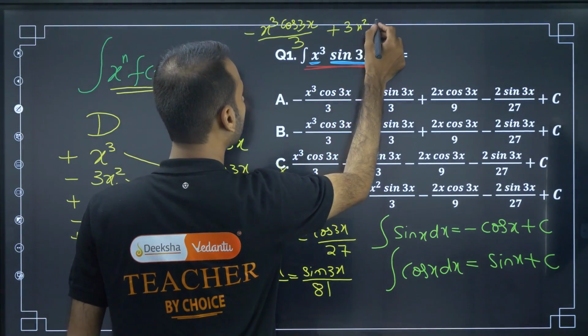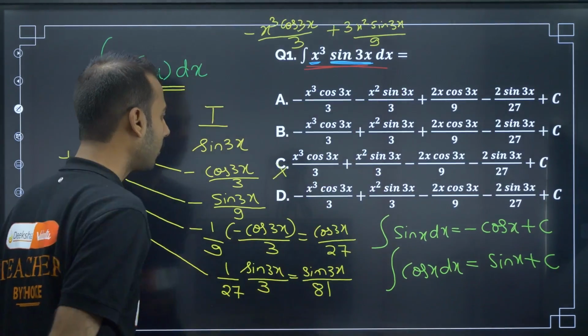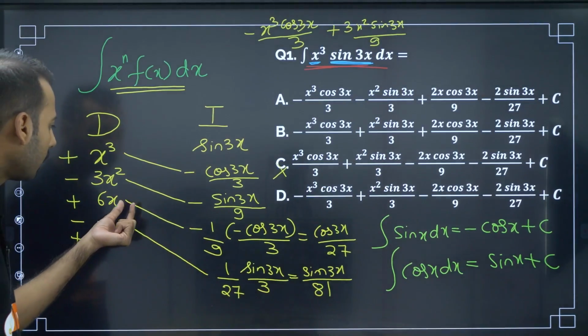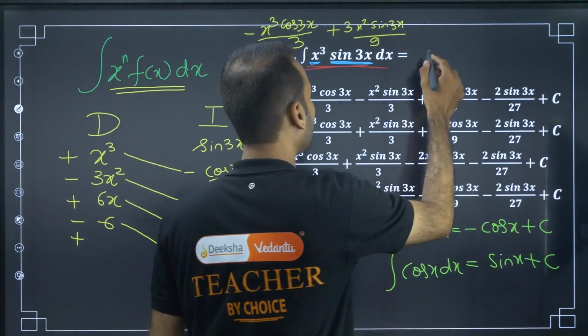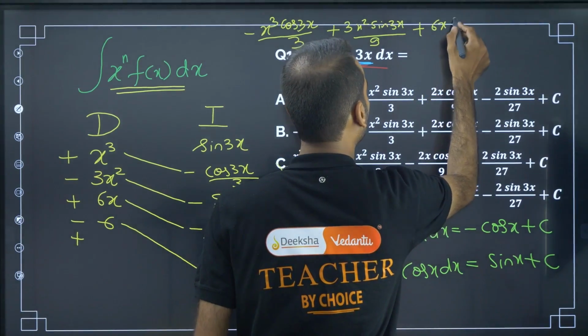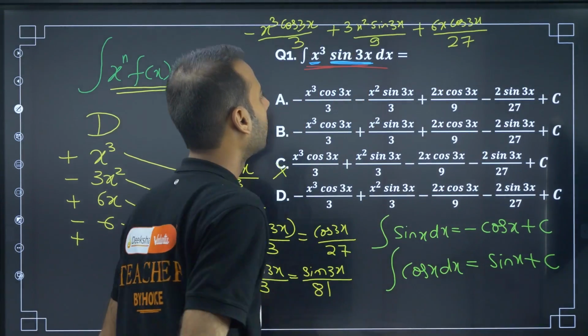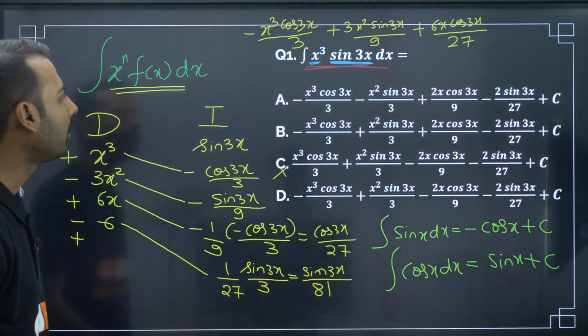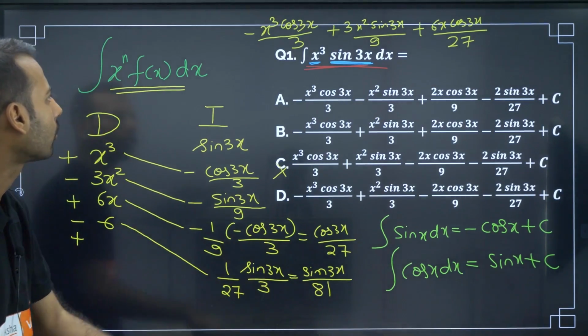Next, here overall plus 6x cos 3x by 27. So after solving these many terms, I think we may get the option. If any option is there, we'll mark it, or else we will simplify further also.